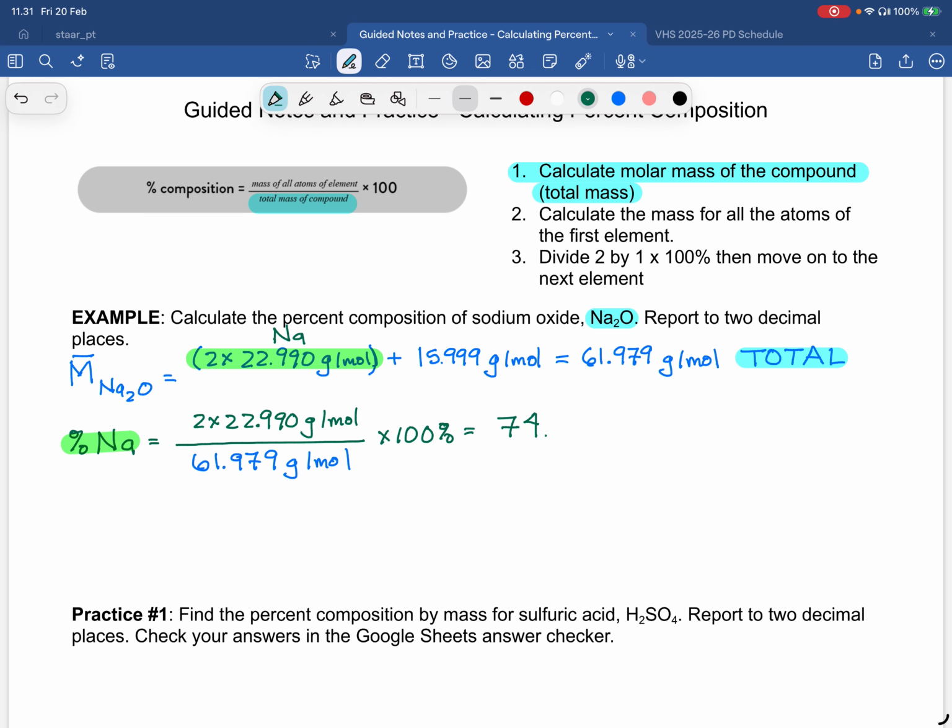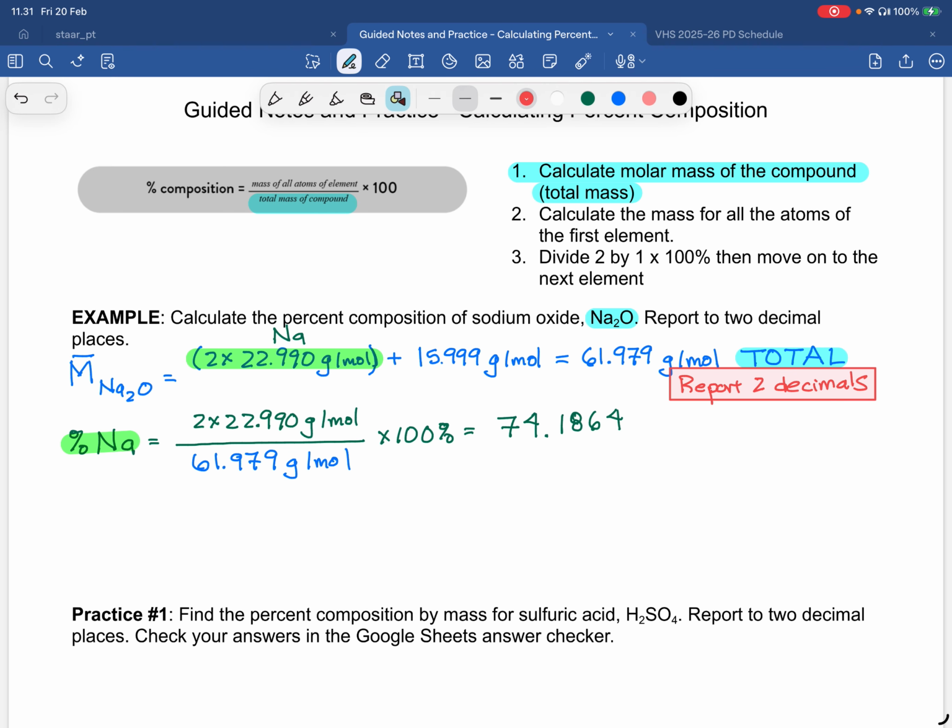So I get 74.1864. But I am going to just simply say that we are going to report to 2 decimal places. Okay? That is, we're just going to declare that. That is going to be in all of the quizzes and all of the answer checkers and all of that. So report to 2 decimals.